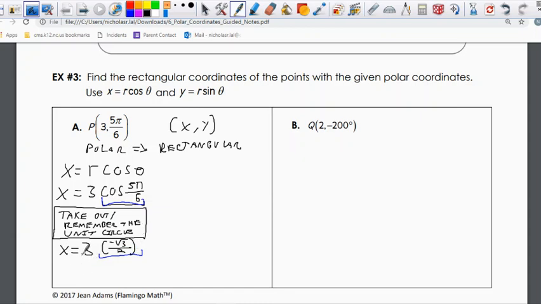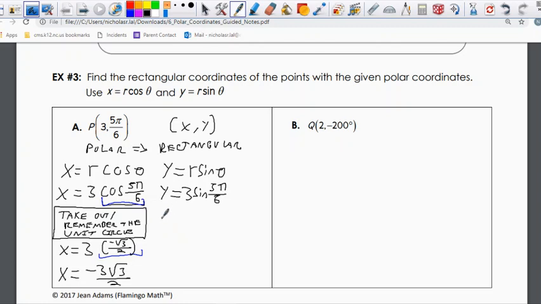And so then 3 times negative root 3 over 2 means that our x coordinate is going to be equal to negative 3 root 3 over 2. Finding the y coordinate, we know that y is equal to r times the sine of theta. So y is equal to 3 times the sine of 5 pi over 6. So also we got to remember your unit circle values.